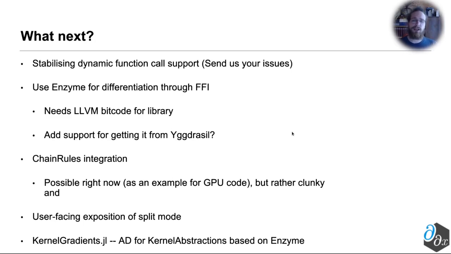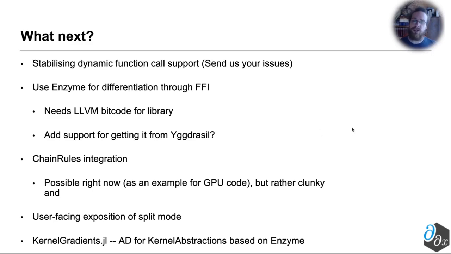So maybe we can add support to Yggdrasil and Binary Builder to automatically compile and cache the bitcode for the library and then look it up in Enzyme so that that will be seamless for users.